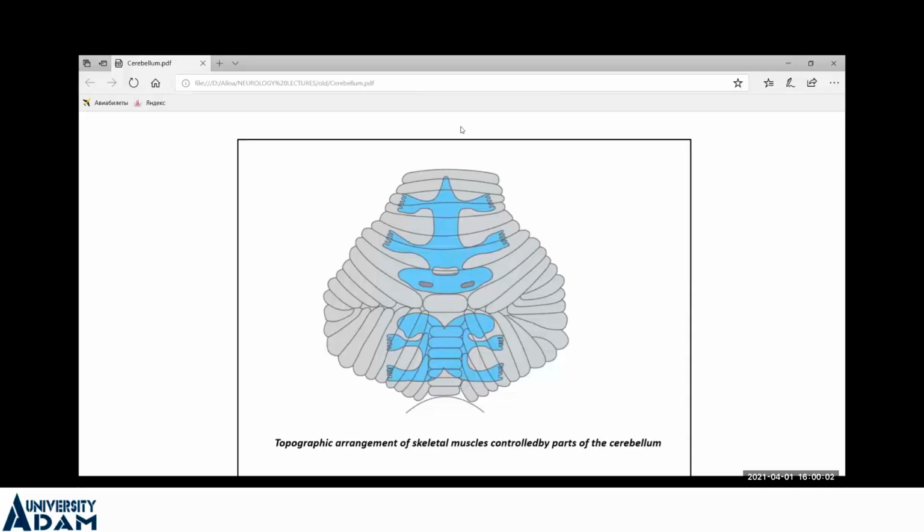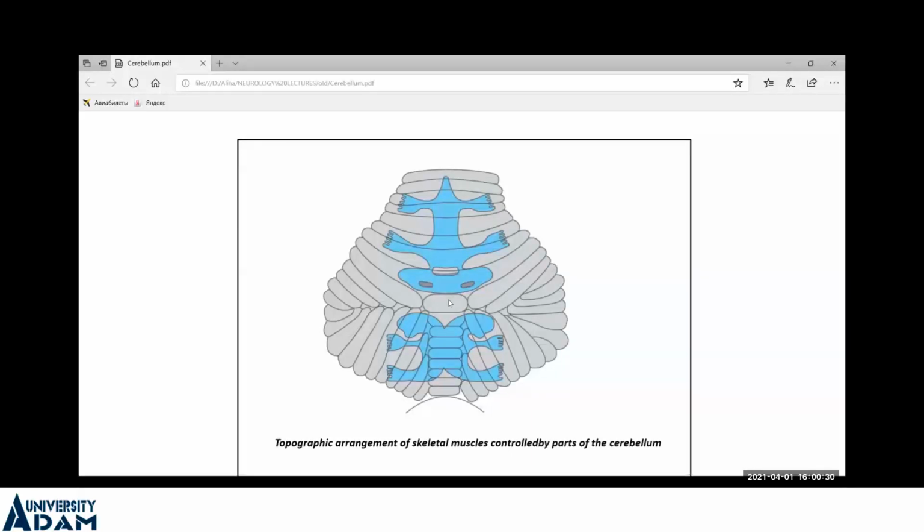So because of that, here you can see that the cerebellum has the same structures that control parts of the body, okay? So that's why it's equal. For example, you can see here that both arms and legs are equal to each other in this picture, okay?